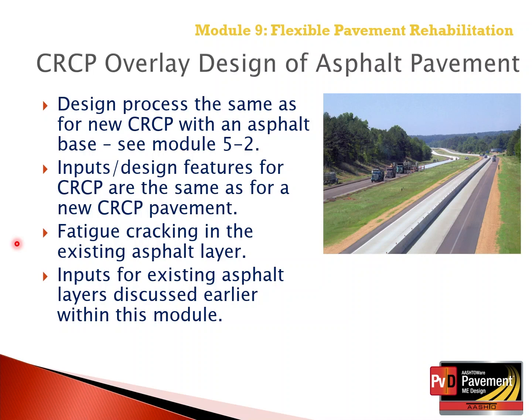In other words, rehab input level 1 versus rehab input level 2 for flexible pavement design. The inputs for the existing layers were discussed earlier also within this module, and those discussions both apply to JPCP and or CRCP overlays of flexible pavements.